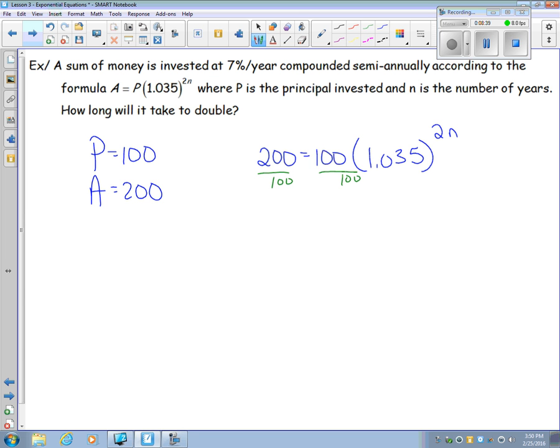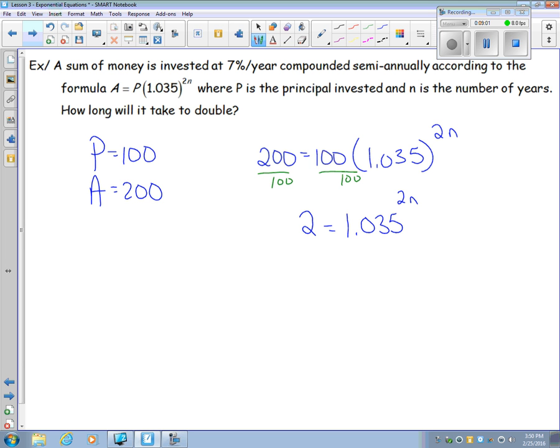And that way I'm left with just a single base on the right-hand side, 1.035 to the power of 2n. On the left side, I'll get 2. And no matter which numbers you choose, you should get 2 there, right? Because that's the idea of it doubled from 100 to 200, from 50 to 100, from $1 to $2, whatever it is.